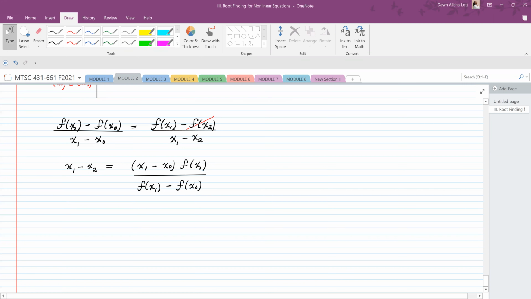So then we can clearly see that x2 becomes x2 equals x1 minus this quantity, x1 minus x naught times f at x1, divided by f of x1 minus f of x naught.